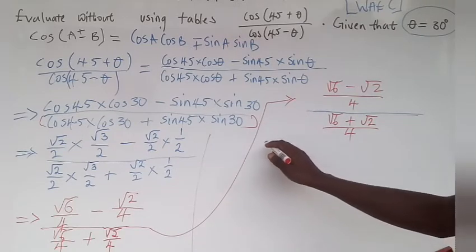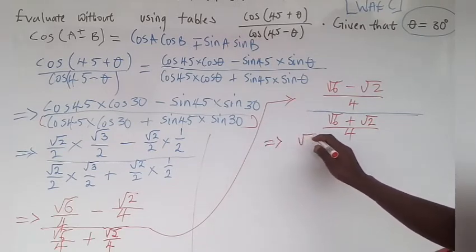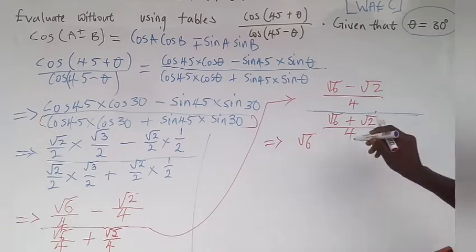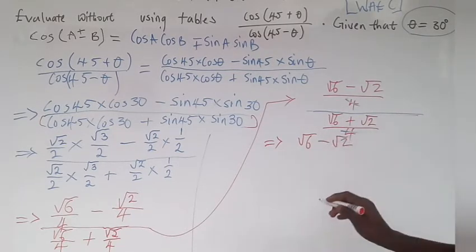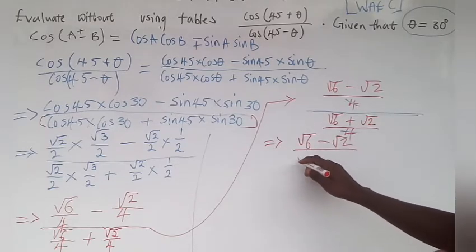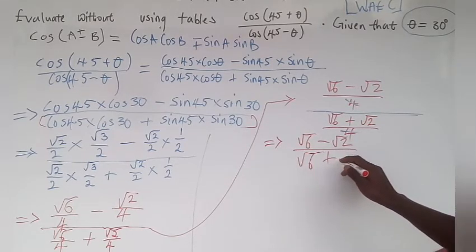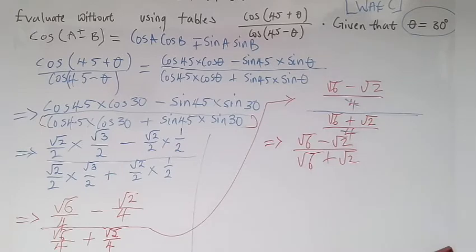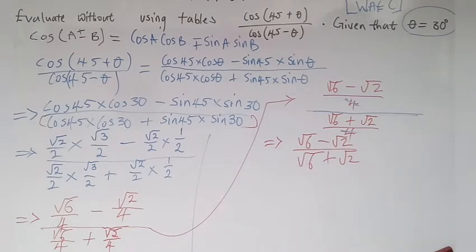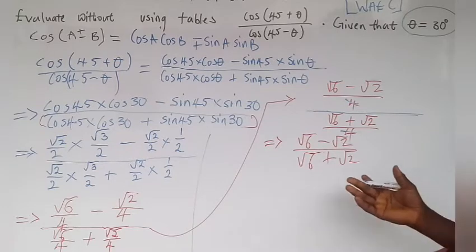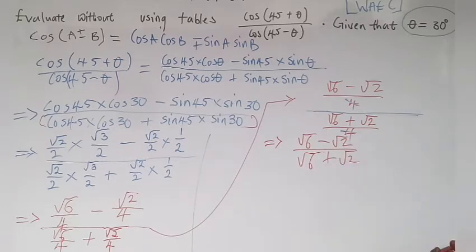Now, this would imply that we have root 6, this and this cancels out. I have root 6 minus root 2 over root 6 plus root 2. I can say this should be the end, but we still have some things to do here.